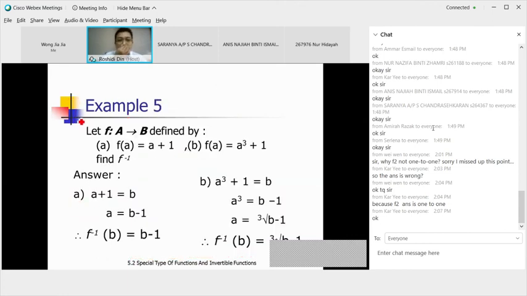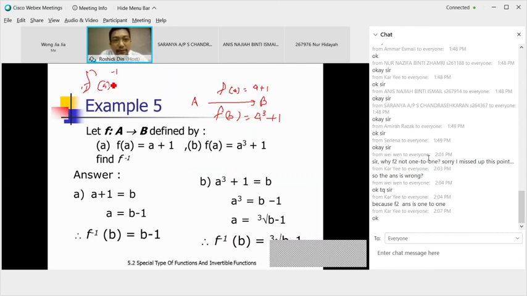Okay. Now the invertible function we represent by an equation. So we have A maps to B. We have first F(A) represented by A plus 1, and F(B) is A to the power of 3 plus 1. So what is the invertible function for F(A) here?